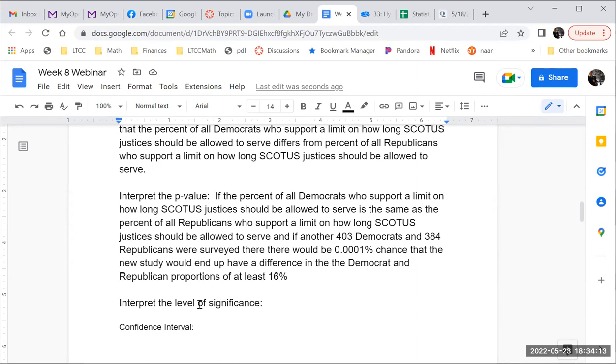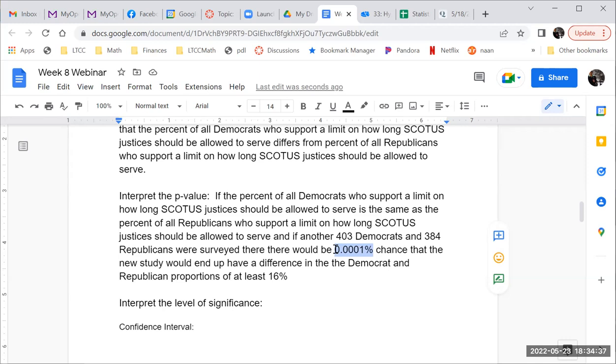Just a note, I want to mention this because it's very important for the project, so listen carefully. When you have such a tiny p-value, you hardly worry at all about a type 1 or a type 2 error. In fact, type 2 error is impossible because type 2 error is when you fail to reject the null hypothesis, but then the null hypothesis was false, and we didn't fail to reject.